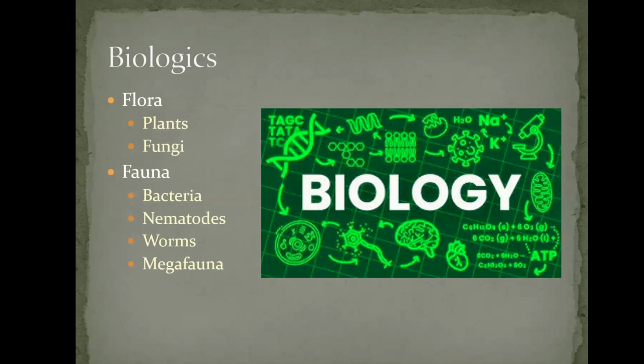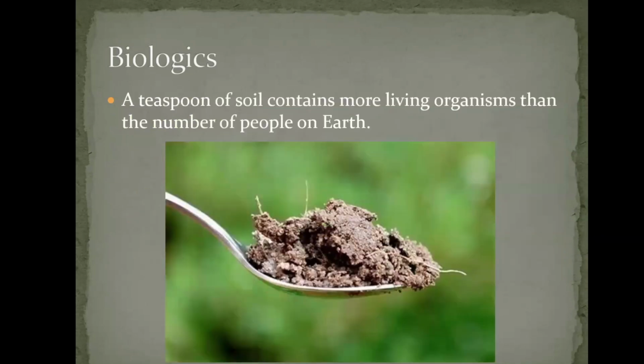We have two main groups of biology, flora and fauna. Flora is the plant communities, so plants and fungi, and then we have the fauna, which is the other ones, even things we call megafauna, such as big things like gophers and fun things like that.